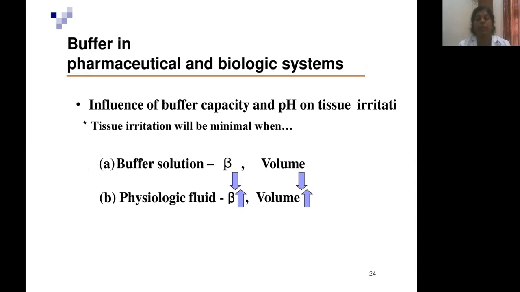Influence of the buffer capacity and pH on tissue irritation. The tissue irritation will be minimal when the buffer capacity, beta, of the solution is decreased and the volume is also decreased. In the physiological fluid, beta will be increased and the volume will also be increased.